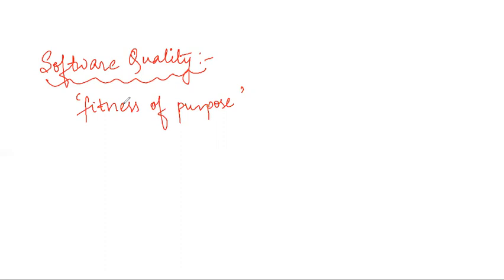So consider a software product which is functionally correct. It correctly performs all the functions that have been specified in the SRS document. But even though it is functionally correct, we cannot consider it to be a quality product if it has an unusable user interface. That means the functions which the client demanded, the software is performing.